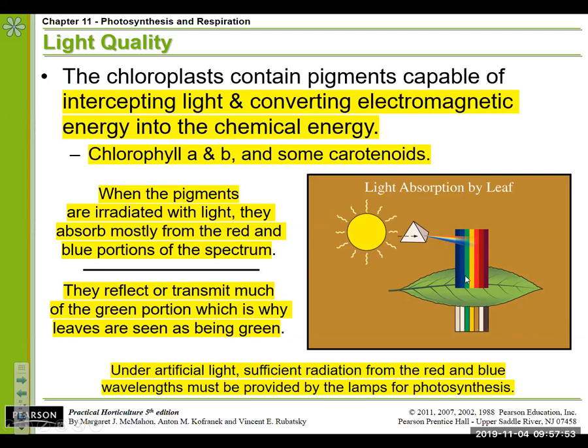The full spectrum is very important in order to get that light energy. So when we are growing plants under artificial light, under supplemental lighting, then what we need to look at is getting sufficient amounts of the radiation from the red and the blue wavelengths in order to get photosynthesis.